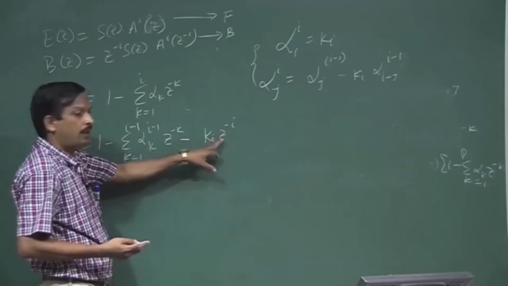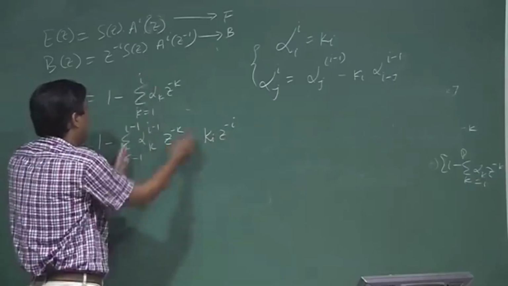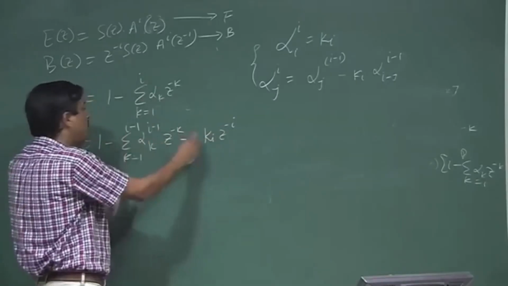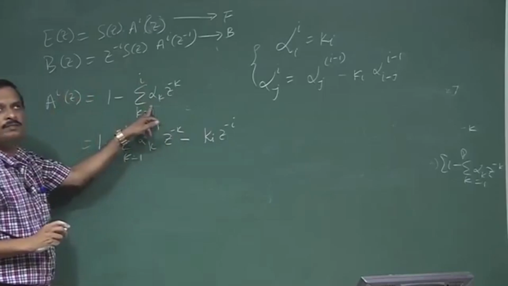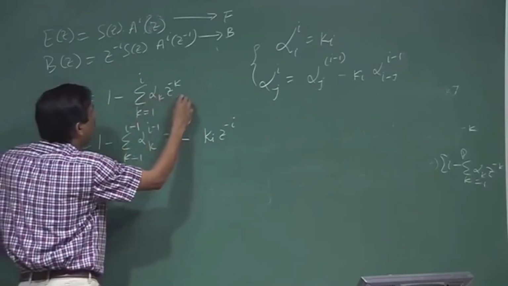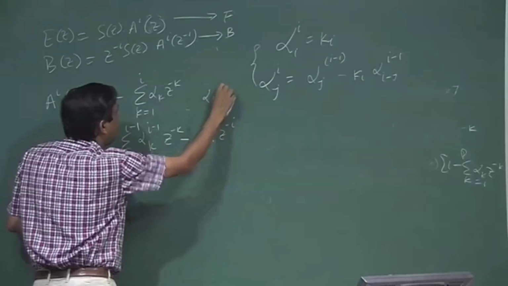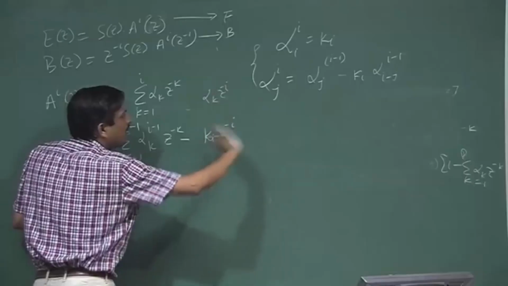If I do the sum over k equal to 1 to i, then these will be summed together, so it will be the same as this one. From the summation term, I have only taken out the ith term, alpha i z to the power minus i.